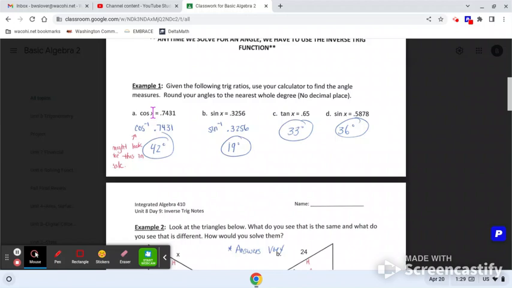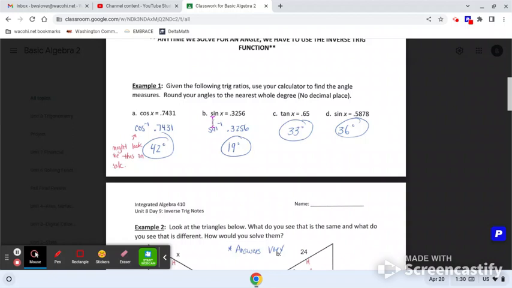It might look like this in your calculator. It might say COS and then raised to the -1 power. Not all calculators will do that, but most of them will. So I have cosine of -1, and then I just type in 0.7431 and I round to the nearest whole number. Letter B, same thing.